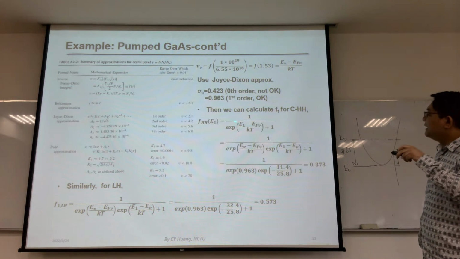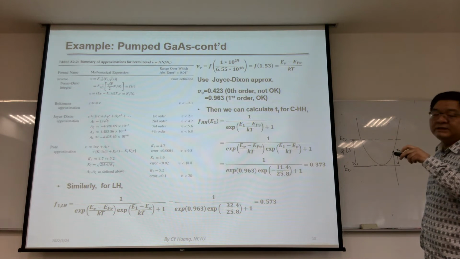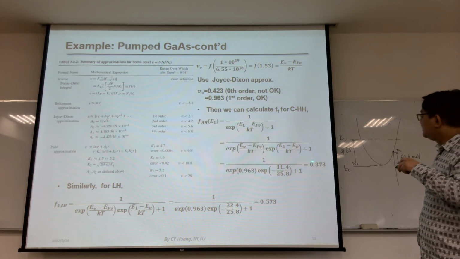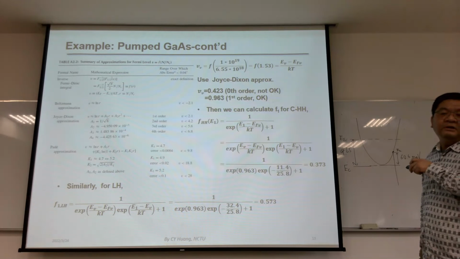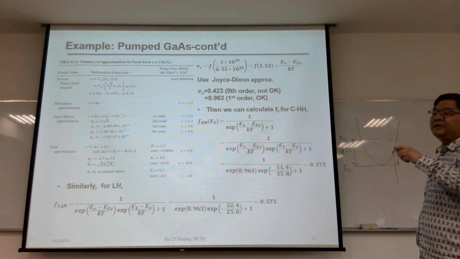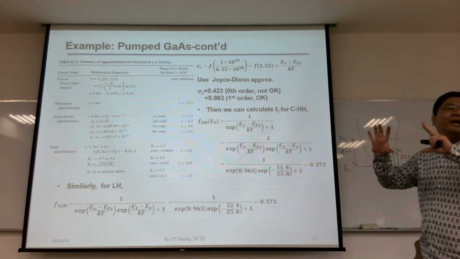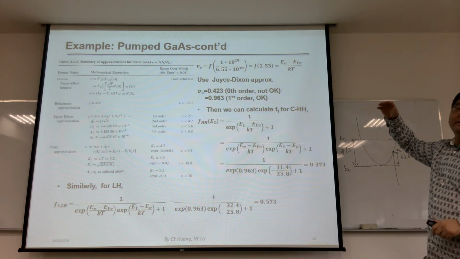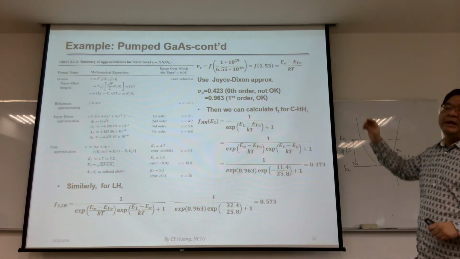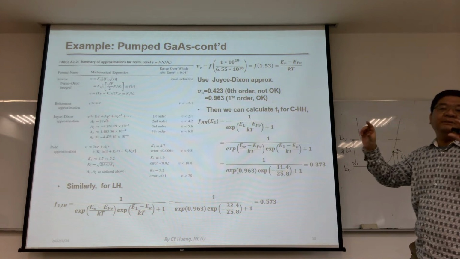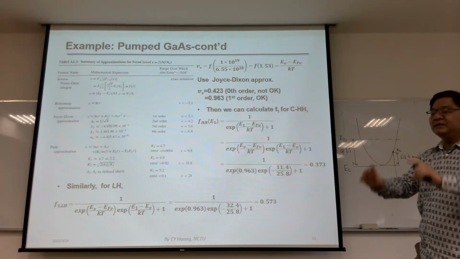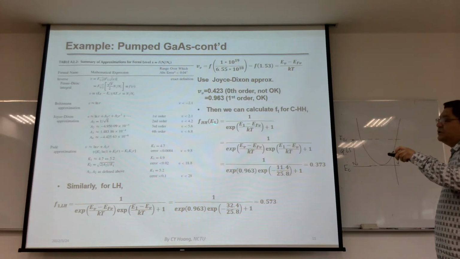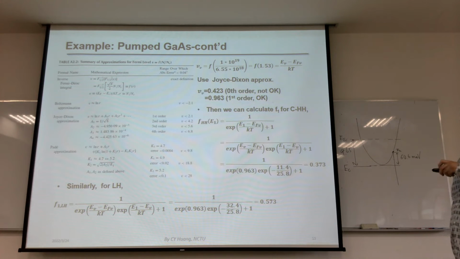We found that the probability of the CHH transition is 0.373, so not fully depleted yet, since the density of state is much higher at the valence band. So while the electron is almost fully occupied, the valence band hasn't fully depleted yet, since we have a higher density below. Alright. So for the heavy hole, the corresponding probability is 0.373.